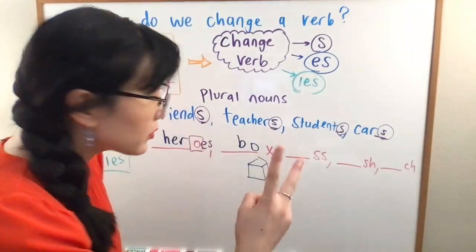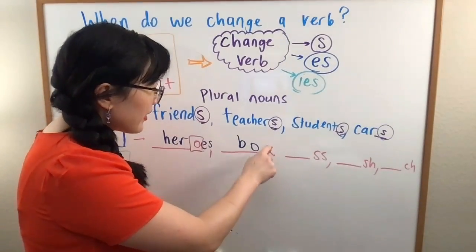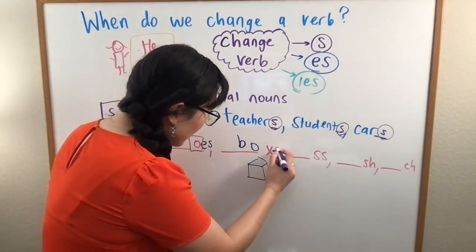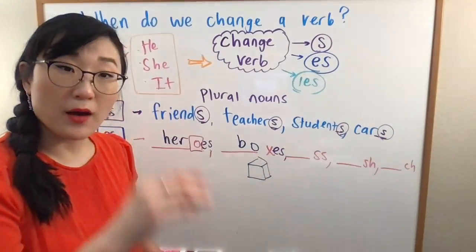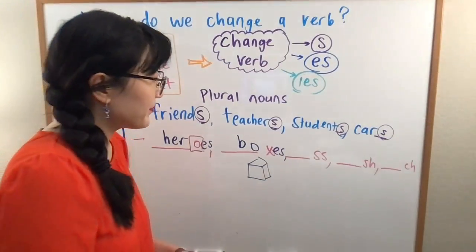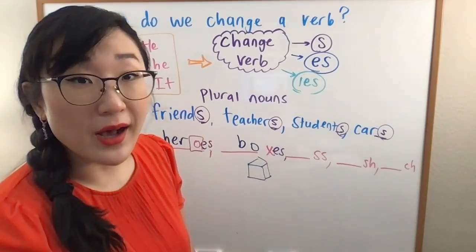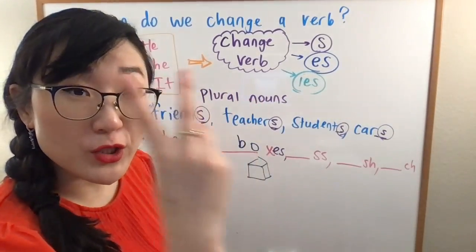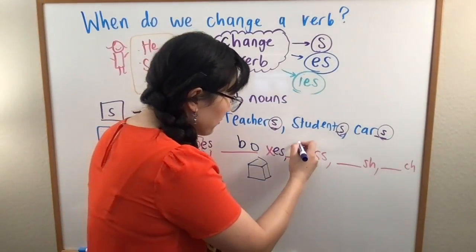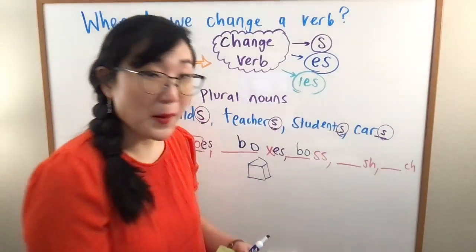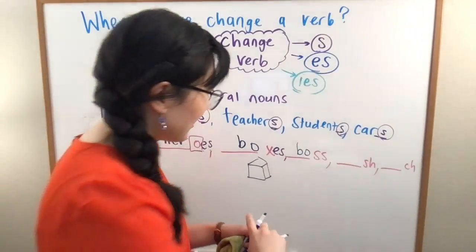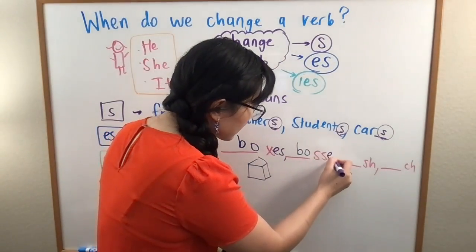Well, if I have two, okay, X. So ES. Boxes. If I have SS, maybe at work I have one or two boss. Bosses.